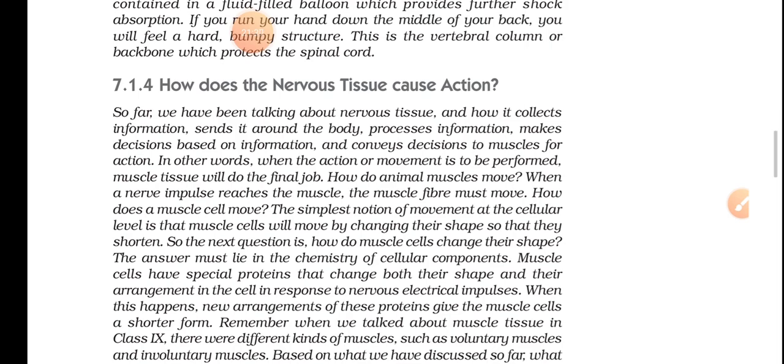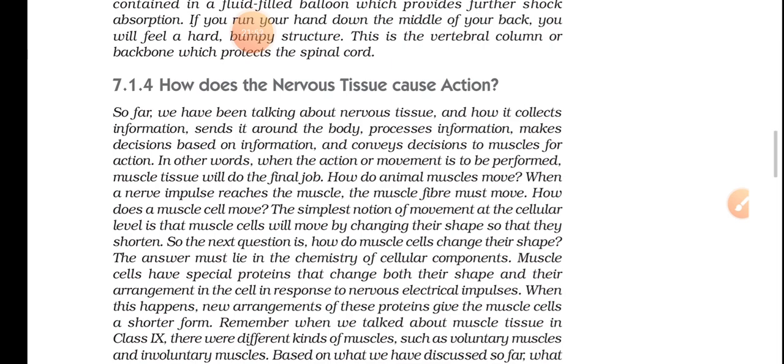This I have explained to you. The nervous tissue collects the information, sends it, processes it, makes the decision and then gives the answer. All these things are processes which take place one after the other.